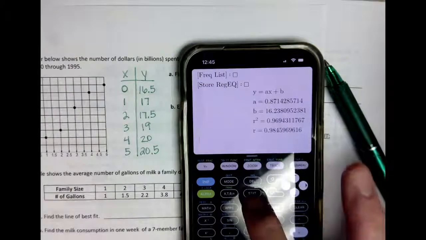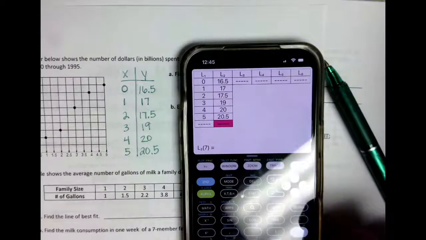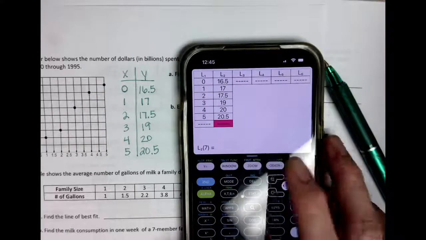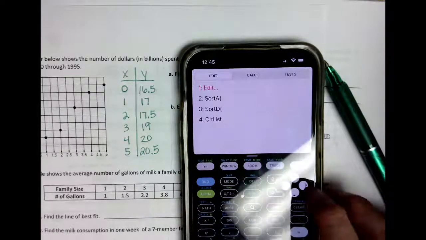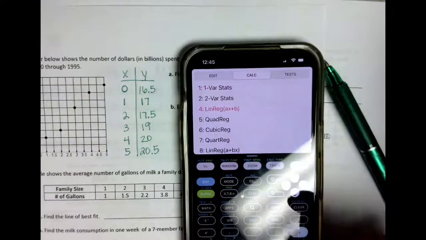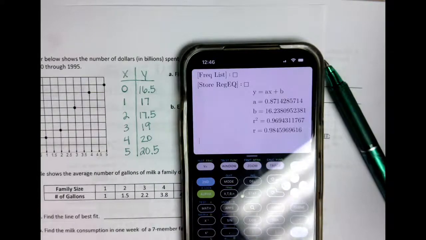So go back. So at stat, did you fill in this? Ben? Did you fill in your L1 and L2? And then you hit stat again, go over to calc, and go down to line reg. And hit enter, and hit enter. I got line reg AX plus B. Yes. X list L1.